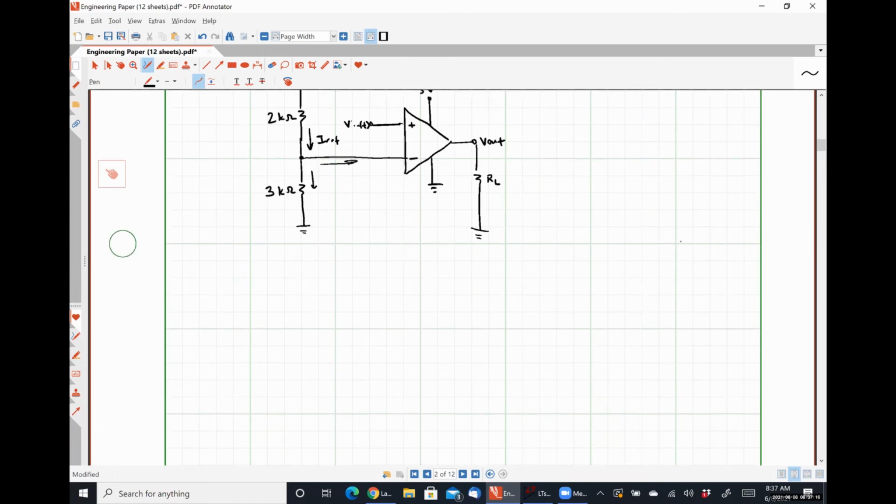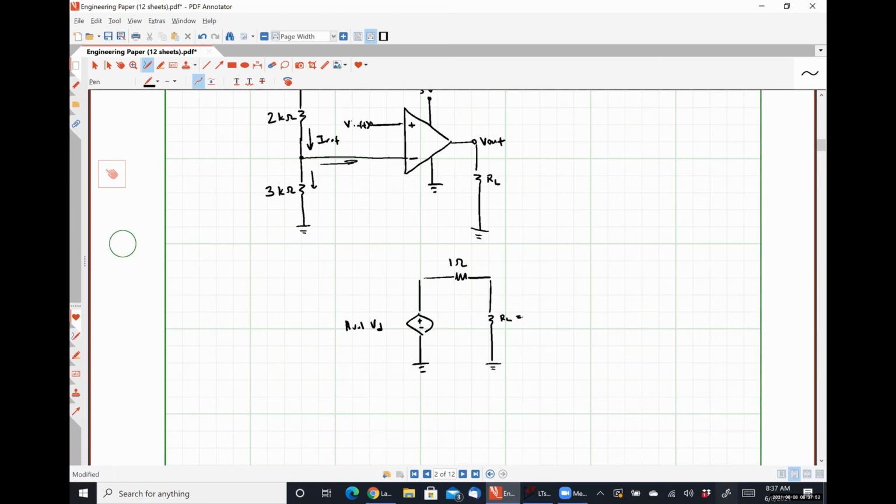Let me draw a little representation here real quick, all right? So we have AVOL times VD over here. Here's ground. Here is our 1 ohm resistor, which is R out. And then here is our load resistor, RL.